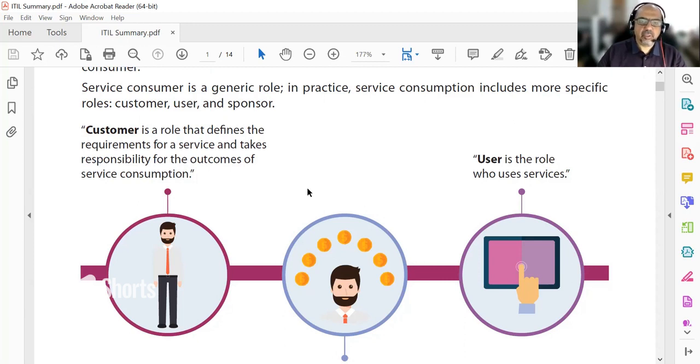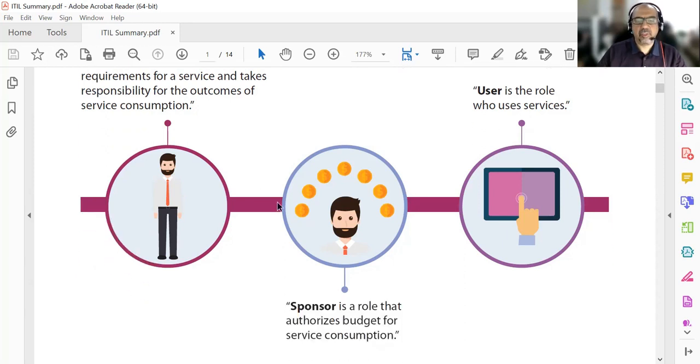Good. Then we have another role, which is sponsor. This guy with dollar signs at the top of his head. These are dollar signs, not oranges. So the sponsor will authorize the budget. We need budget, we need approval to pay for the service.